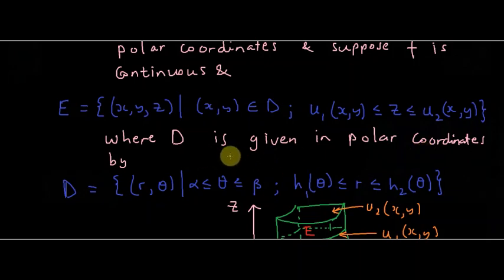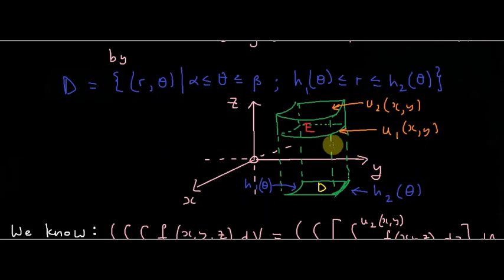In other words, the projection onto the xy plane can be given in these coordinates, theta between alpha and beta, and r between two functions of theta, h1 and h2. So this is what the sketch should look like.